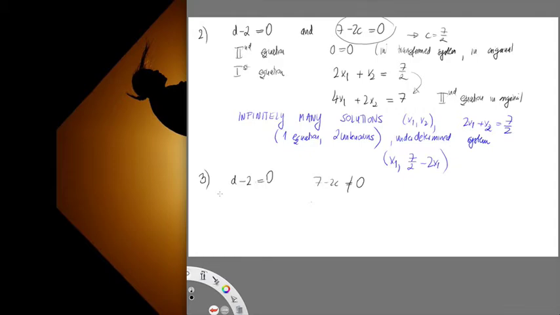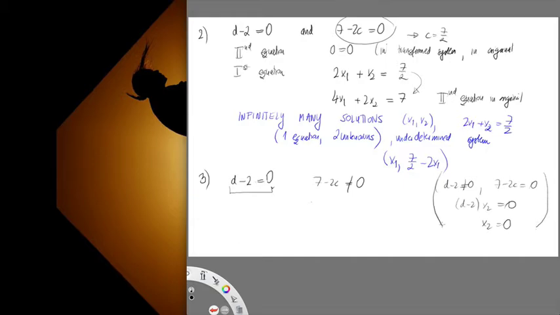Well, I should have just looked at it because I flipped it in my mind. If d minus 2 is not equal to 0, I can still divide by it, and 7 minus 2c is equal to 0, so my solution x2 will be 0. That's a fine solution. x2 can be 0. There's no underdetermined anything. x2 is very determined: it's equal to 0. The problem here, like in the other case, is that I cannot divide by it, so I have to look at the equations separately. If I can correctly divide, I can just go with my old analysis.